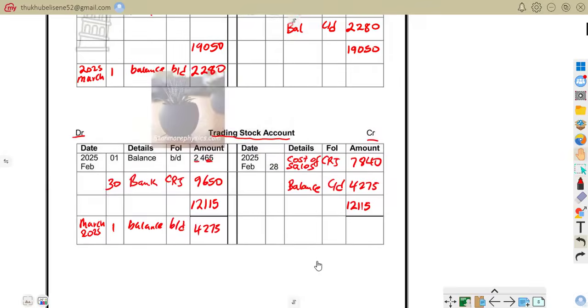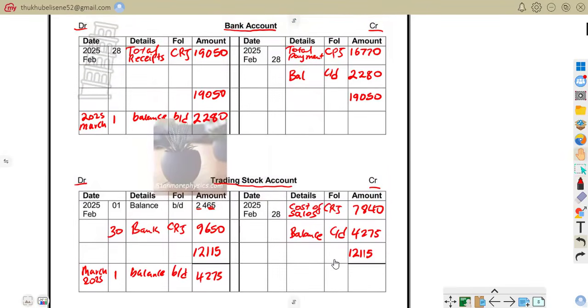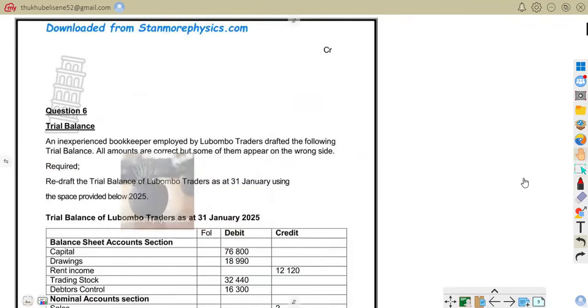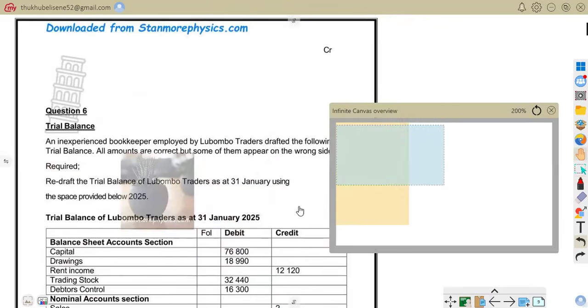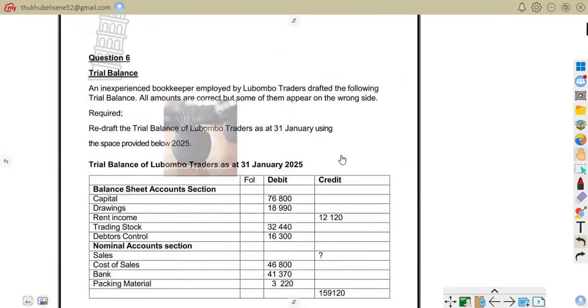So now let us move on to question 6, whereby we're going to talk about the trial balance. So we are on trial balance.